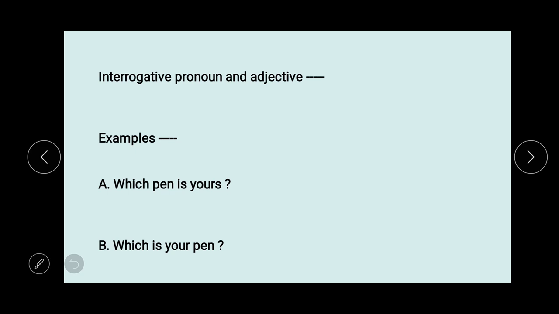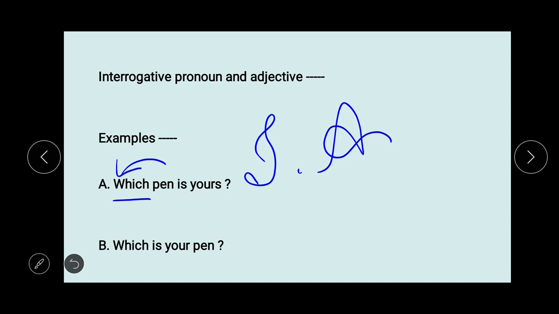So in number one, which pen is yours, the word which is our interrogative adjective, because it is placed before a noun.